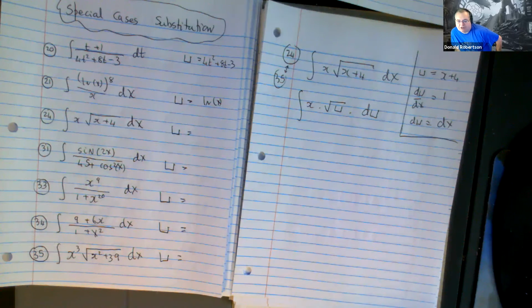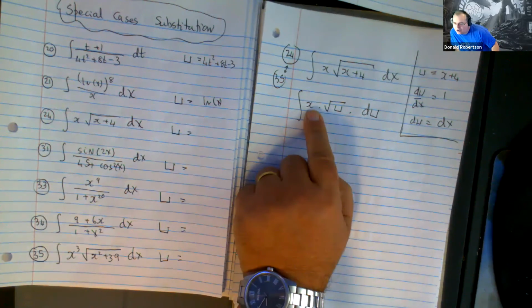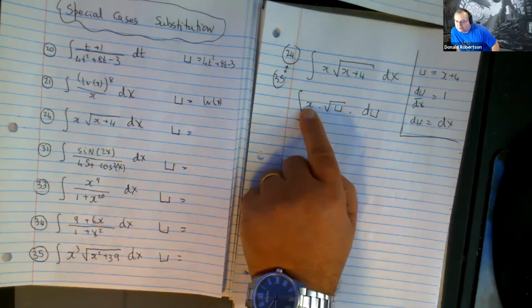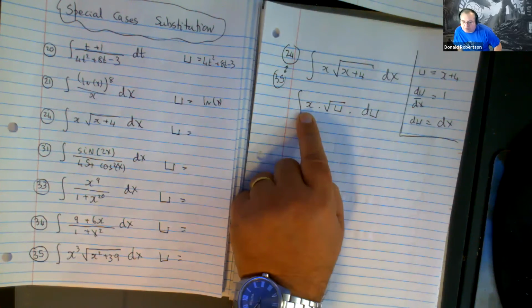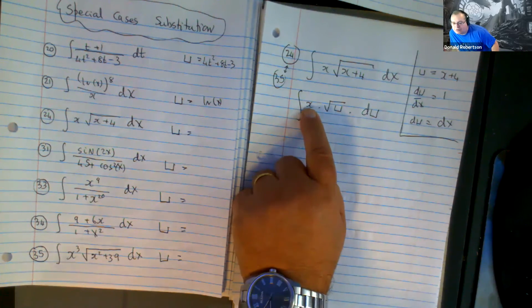And 99.9% of the time, it will be because you picked the wrong U sub. But because this is a special case, you haven't picked the wrong U sub. You just have to work with it. The problem I've got is I've got an x left over. And I don't want any x's left over. I only want things with u in it. So now I'm going to have to figure out, is there a way that I can replace the x with u's?